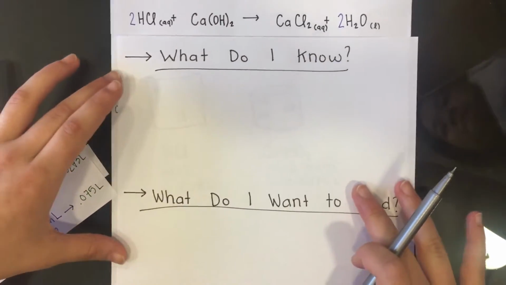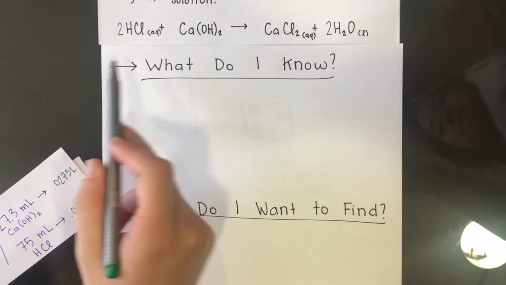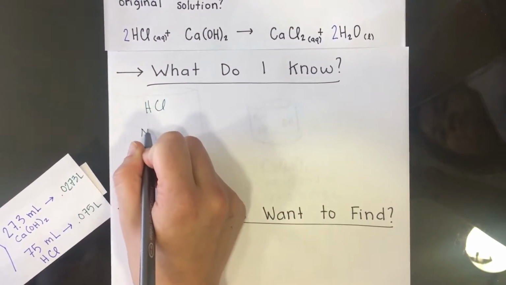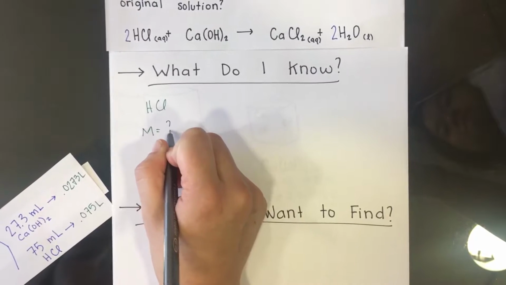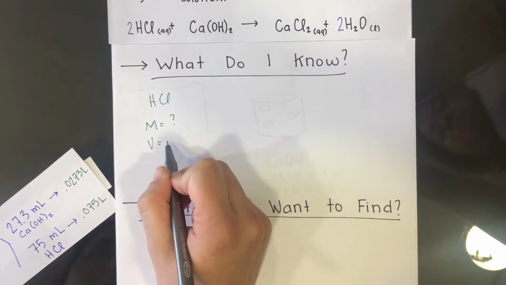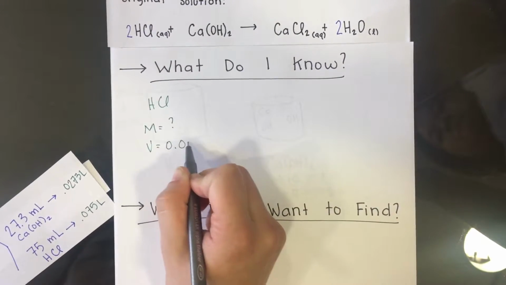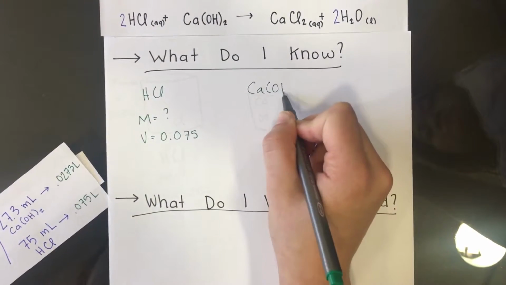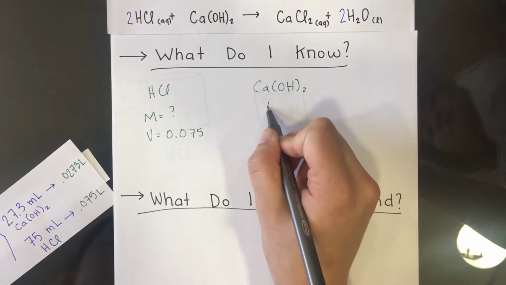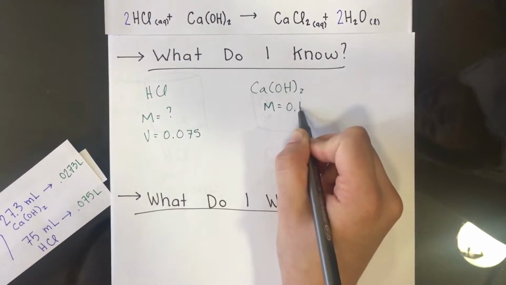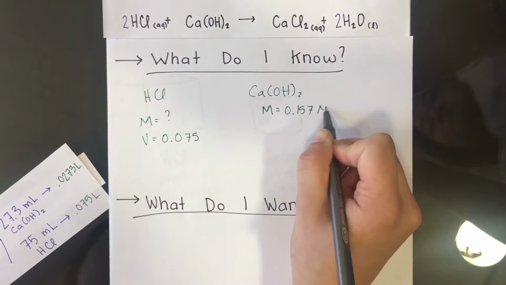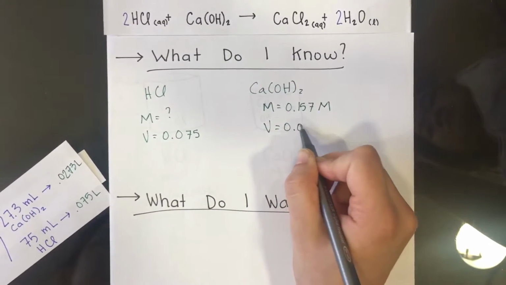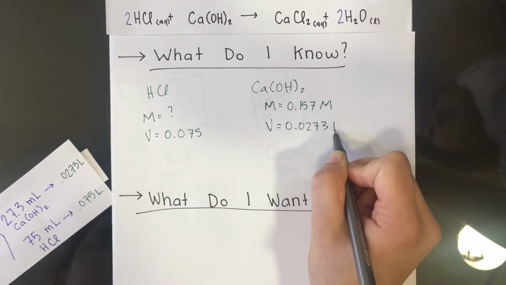Now, we move on to what do we know? HCl has an unknown molarity and a volume of 0.075 liters. And calcium hydroxide has a molarity of 0.157 and a volume of 0.0273.